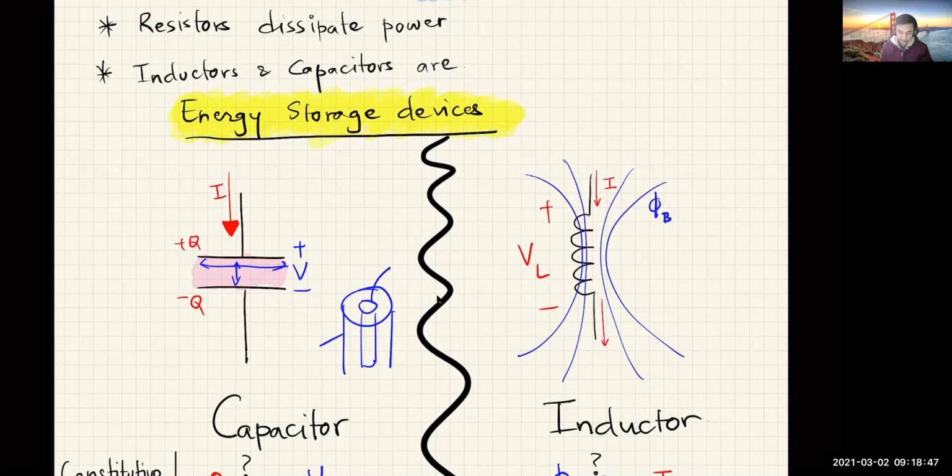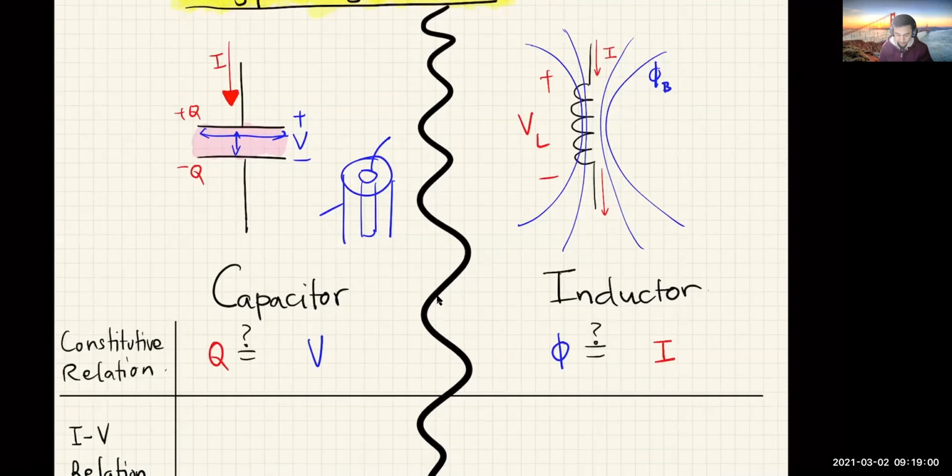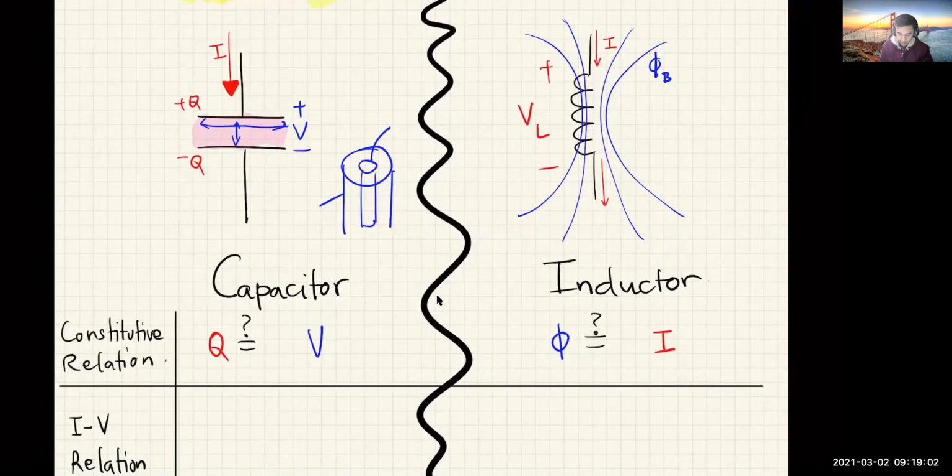But all of that physics can be and is usually captured in one constant called the capacitance of a capacitor. And that basically means that Q equals CV, okay?